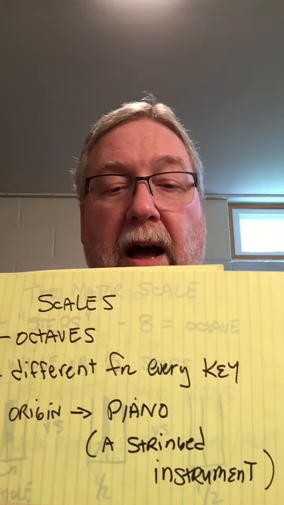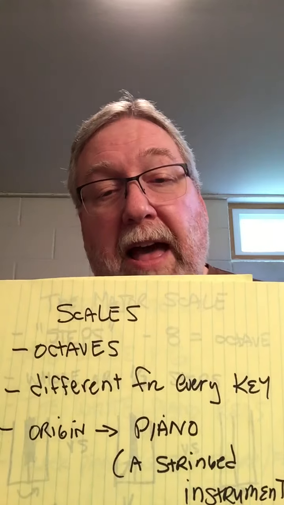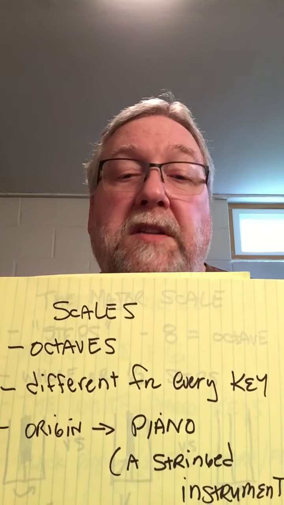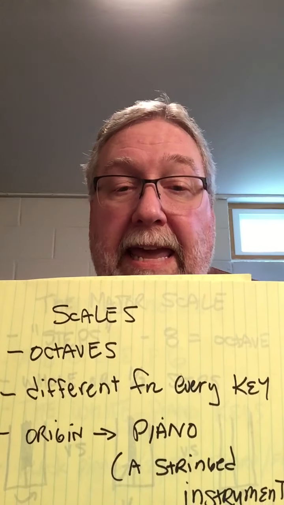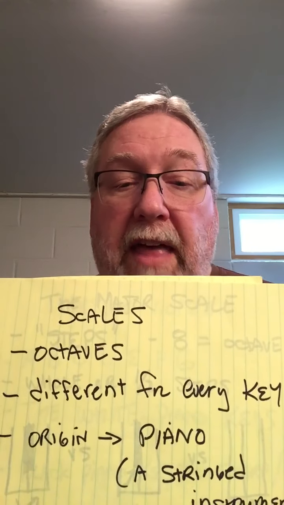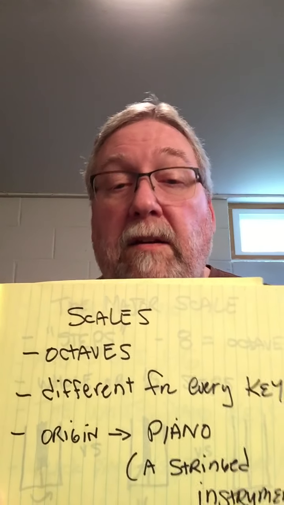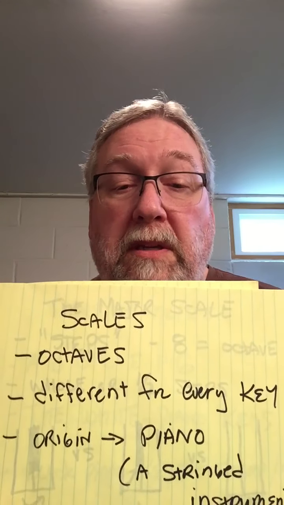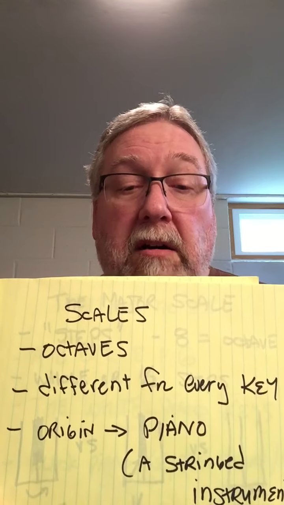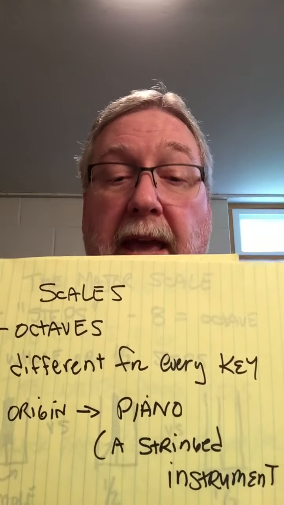Now, I've talked about musical scales already, and I've talked about the fact that basic musical scales are composed of 8 notes or 8 tones that form an octave for that scale. But those notes and correspondingly those octaves will be different for each particular key. And their origins come from the piano.